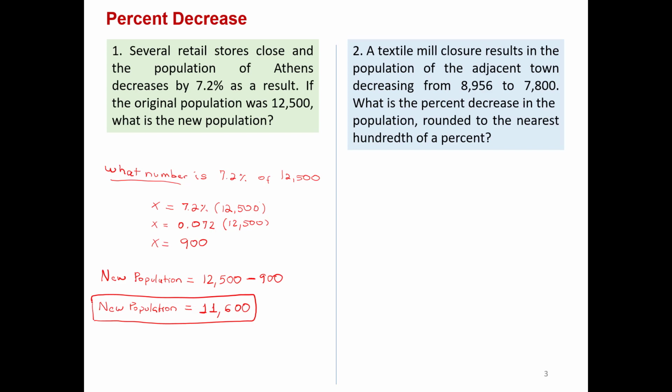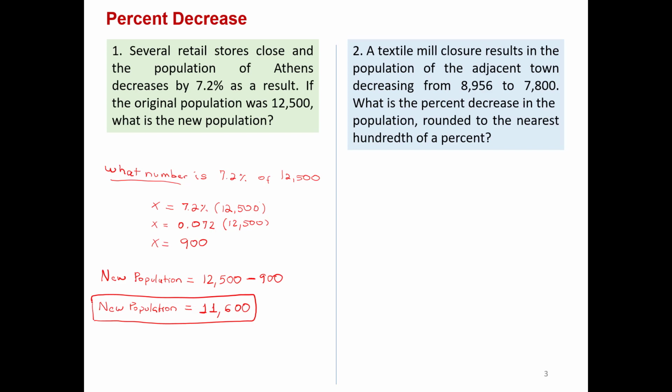We want to round to the nearest hundredth of a percent. In this case, we had two numbers, and there was a decrease. The population decreases from 8,956 to 7,800.